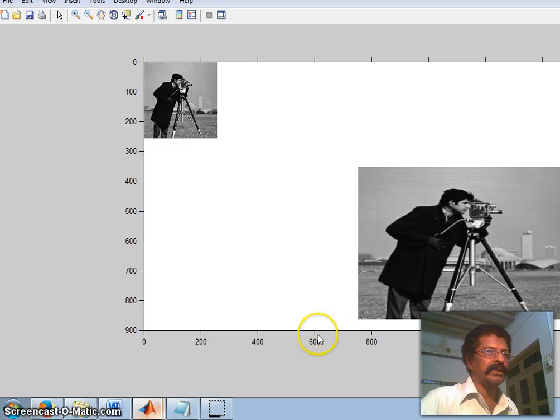See that this is 600, this one is 700, and this one is 750. So it is moved 750 along the x direction and 350 along the y direction. See that this one is 400 and this one will be around 350. So the image is scaled and translated, shifted 750 along x and 350 along y.